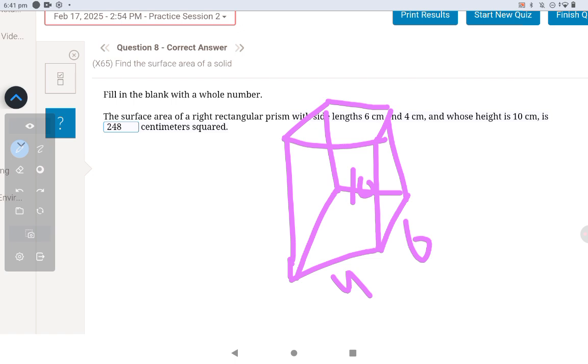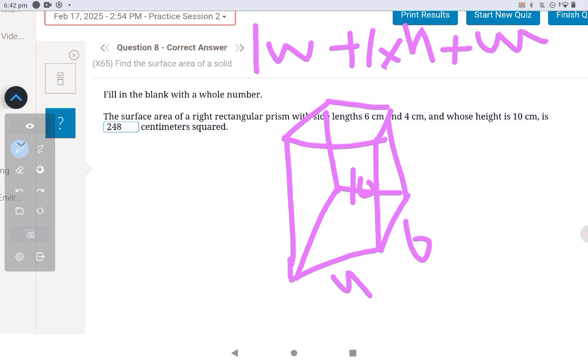The rule for this is 2 times, because each of them will be repeated twice, like I just showed: length times width plus length times height plus width times height.